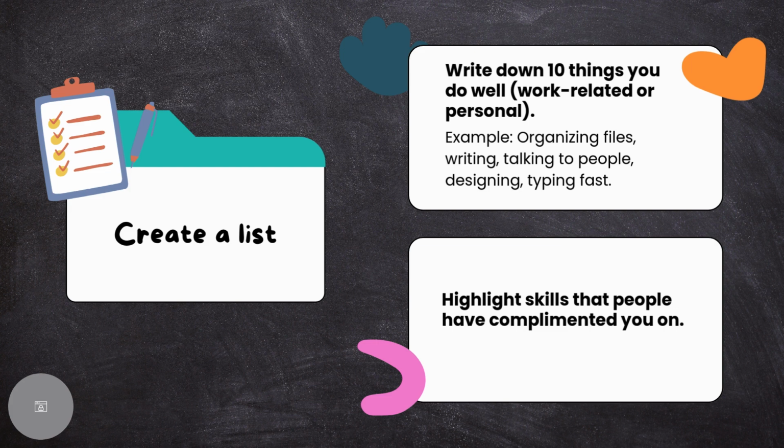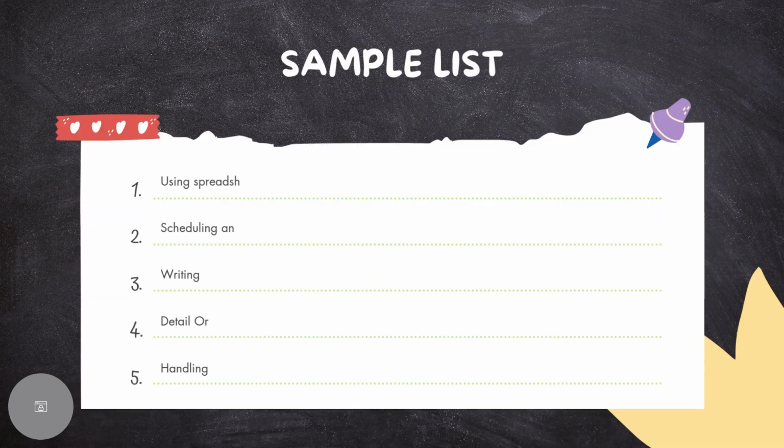Example, if you're still a student, your classmate or your teacher complimented you about how good your writing is, or your teacher told you that you're good in talking or you're good in designing, then write it down and highlight that skill.